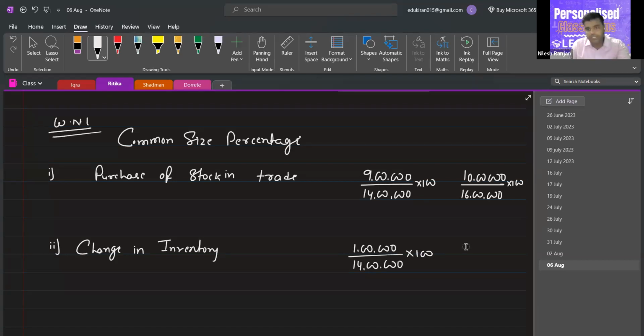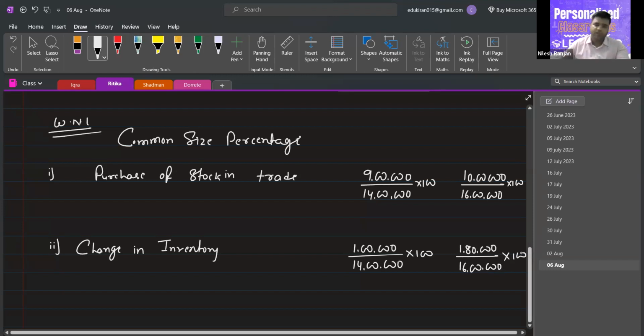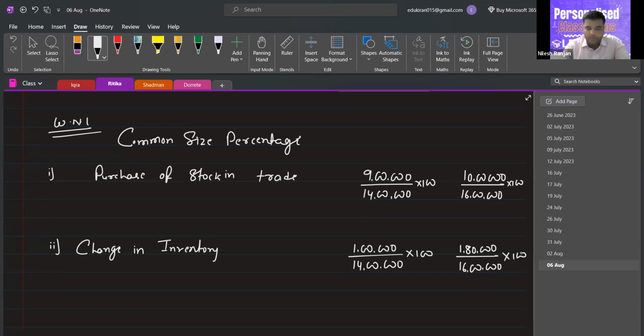And 1,80,000 divided by 16 lakh into 100. Okay, so like this we have to calculate our percentage.